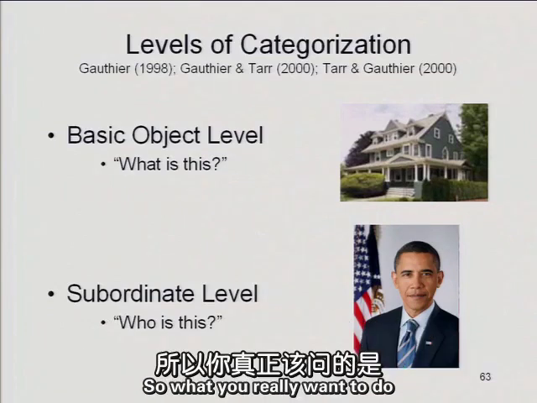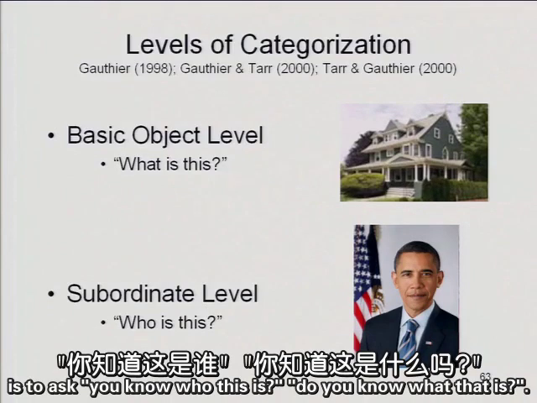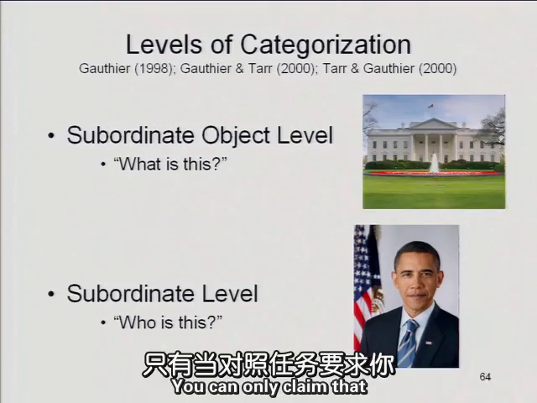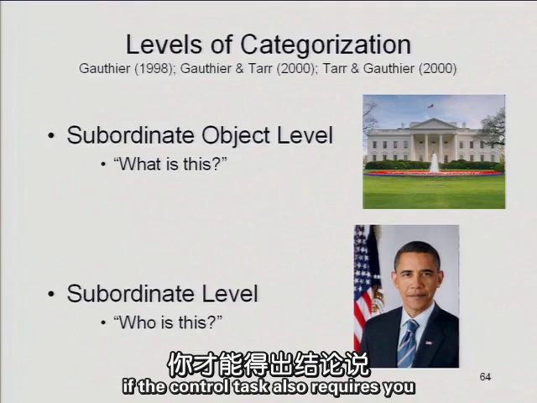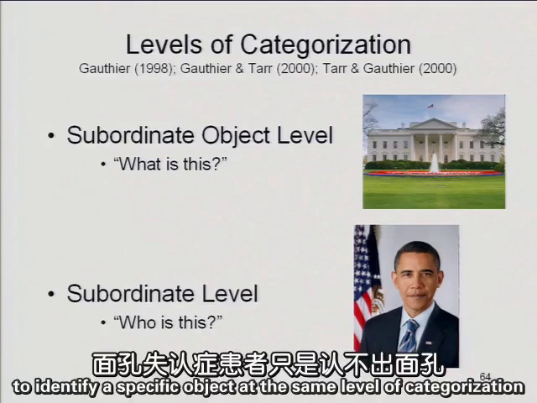So what you really want to do is to ask, do you know who this is? Do you know what that is? You can only claim that there's a specific deficit in identifying familiar faces if the control task also requires you to identify a specific object at the same level of categorization.